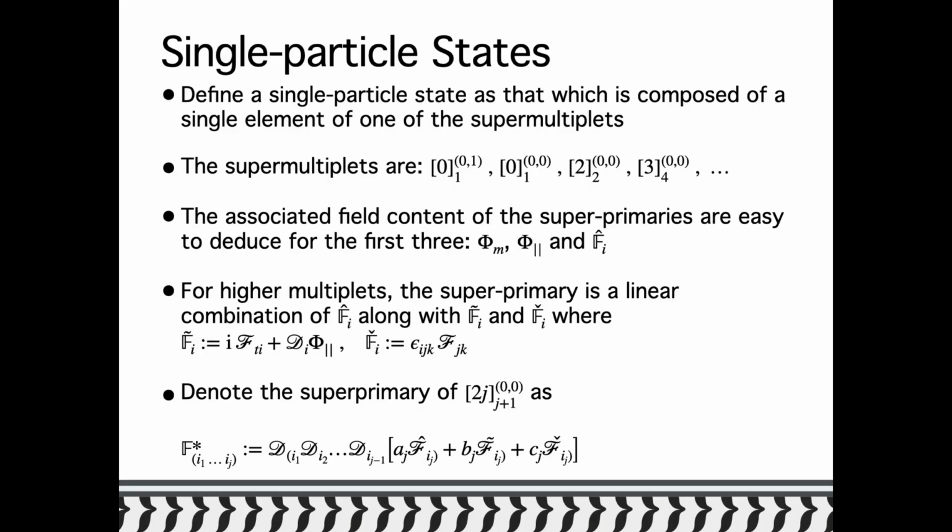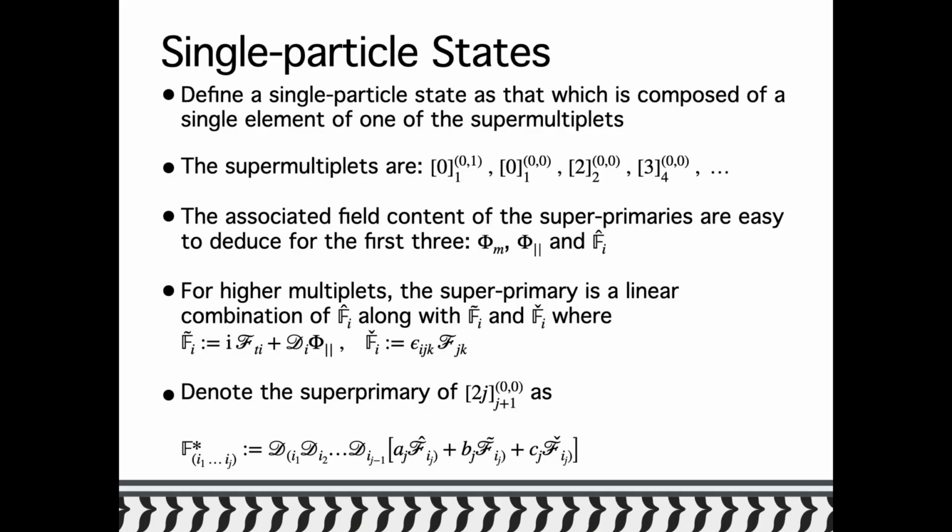But then for higher multiplets, the superprimary is still unique, but it is a linear combination of basically three different types of insertions that you can have. The three different types of insertions are basically the orthogonal covariant derivative D_I times phi parallel, the component of the field strength along the line, so F_tI, and finally some epsilon acting on the other components of the field strength.